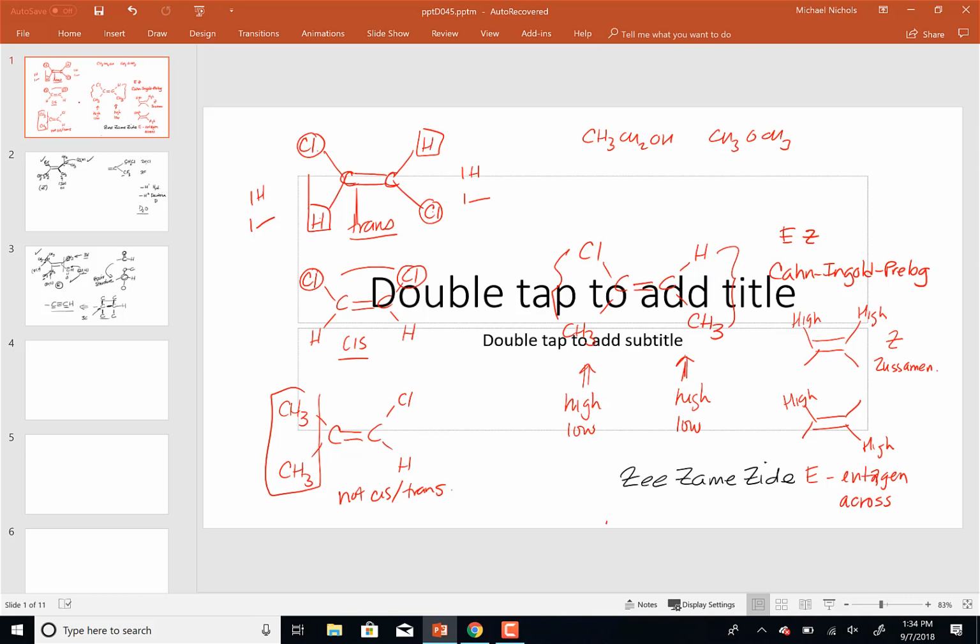And you only have to remember one of the two. So you just have to remember the E is the trans version. All right, so I didn't see that in the book, but it's in another book from years ago, right? So that's how we do E and Z.